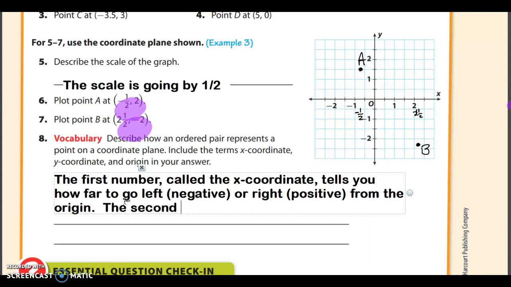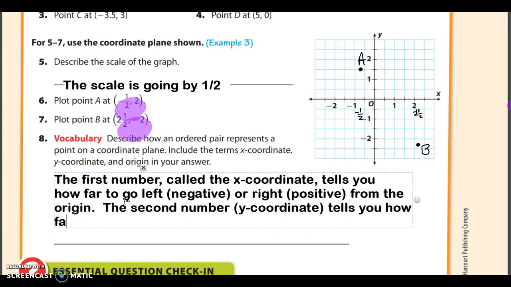The second number, the y-coordinate, tells you how far to go up if it's positive, or down if it's negative, from the origin.